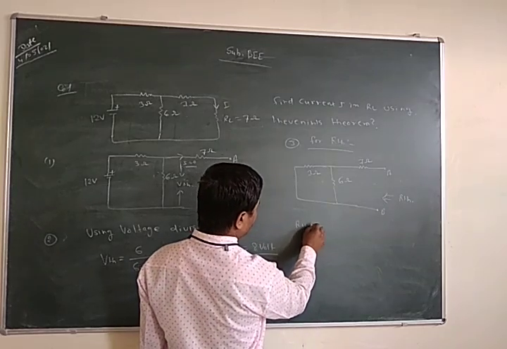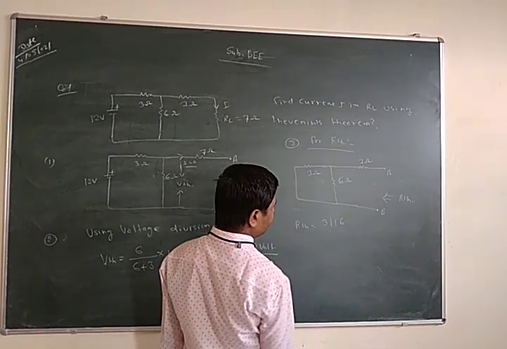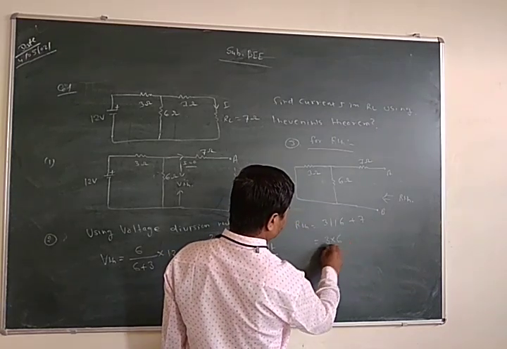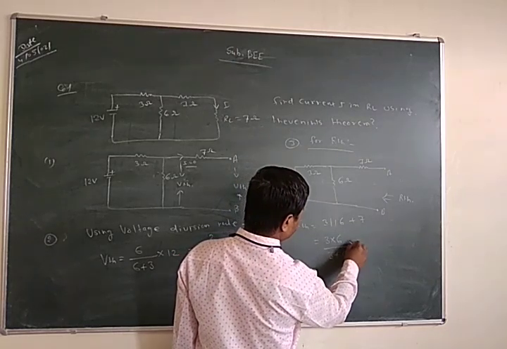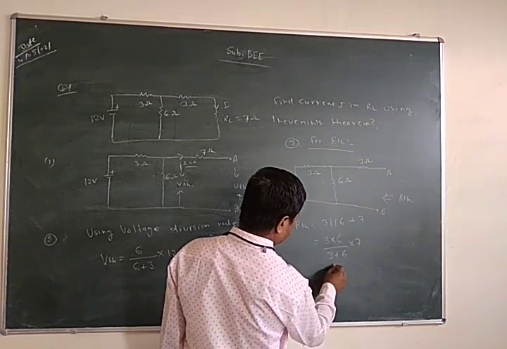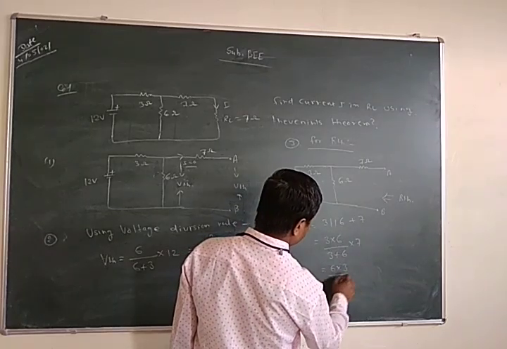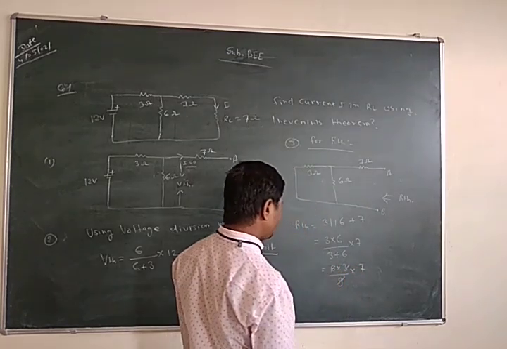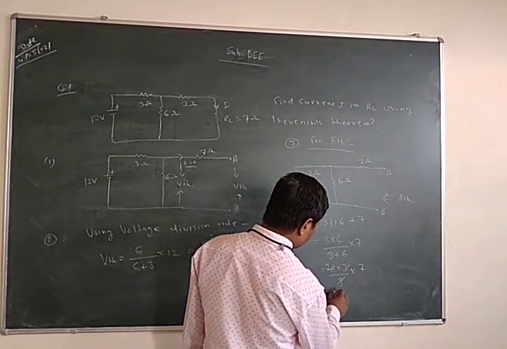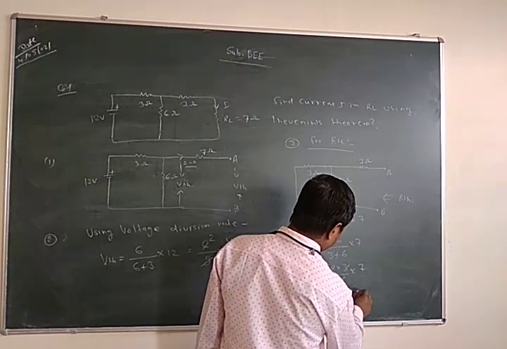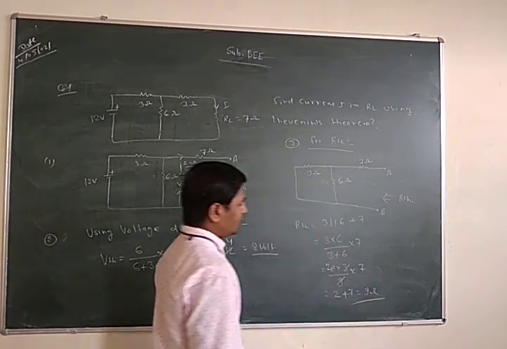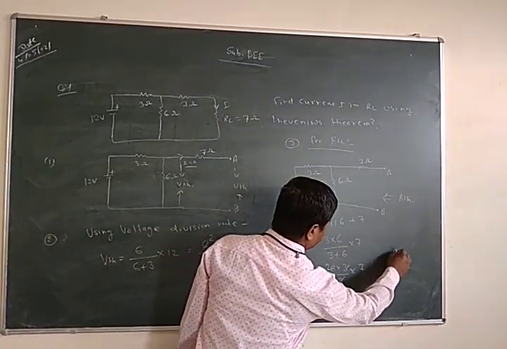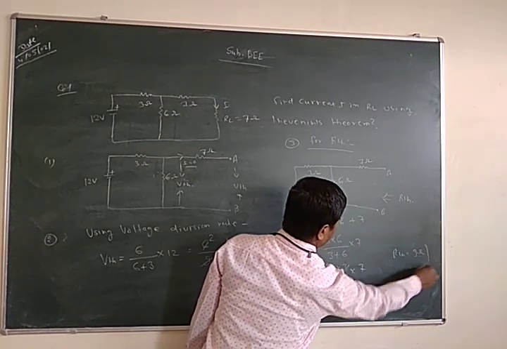So RTH is equal to 3 parallel 6 plus 7, that is 3 into 6 divided by 3 plus 6, plus 7, that is 3 into 6 divided by 9, which is 2, plus 7 is equal to 9 ohm. So RTH is equal to 9 ohm.